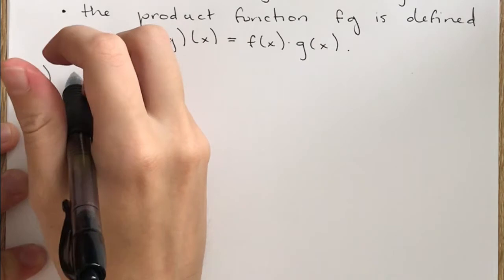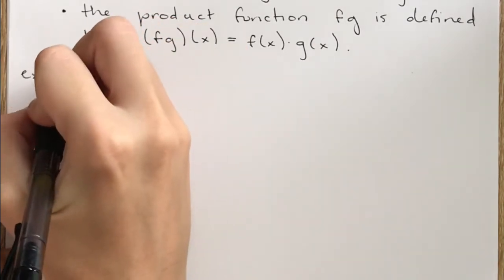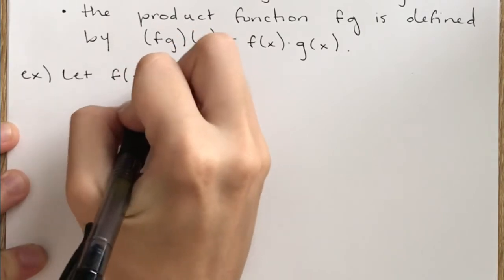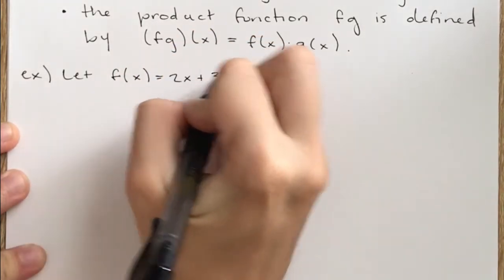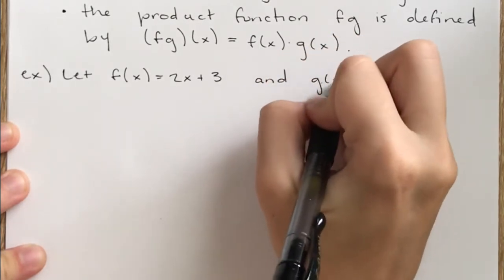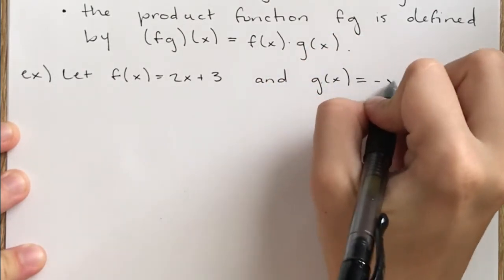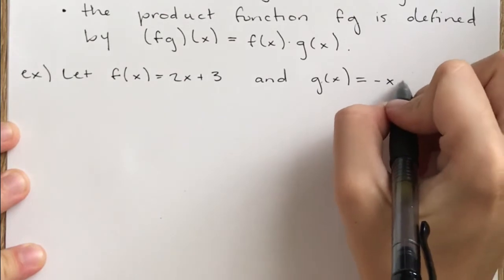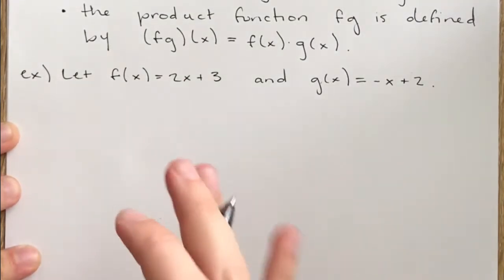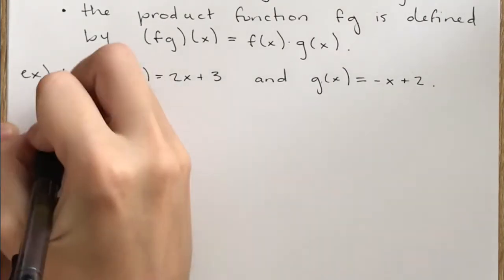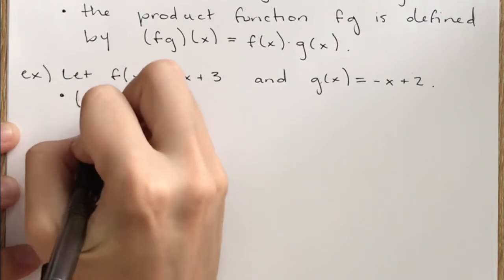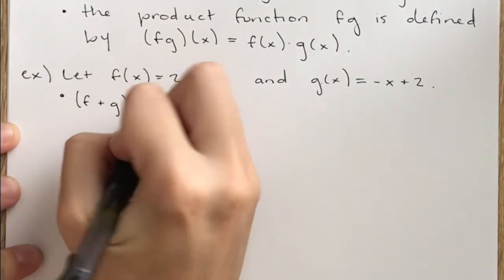So let f of x be 2x plus 3 and g of x be negative x plus 2. First of all, before we look at f plus g of x, let's look at f plus g of 1.